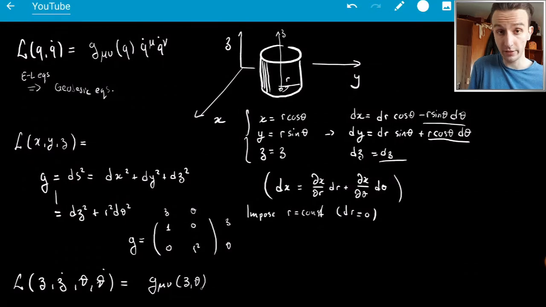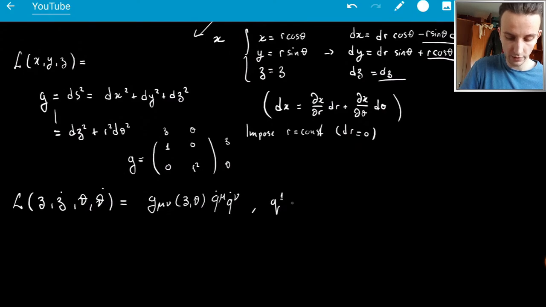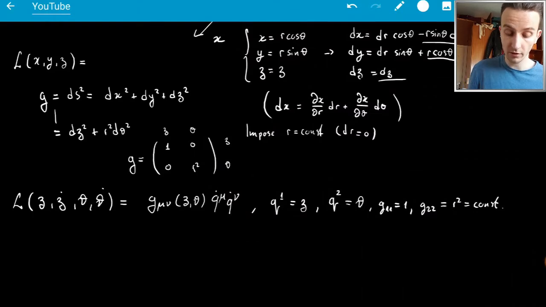But as you can see, it doesn't actually depend on z and theta, which is pretty nice. None of the components do, they only depend on r, which is fixed, constant. And then here we have q dot mu, where q1 is z, and q2 is theta, so I'll be plugging in z dot and theta dot. G11 is 1, and G22 is r squared, and let's not forget that this is constant.